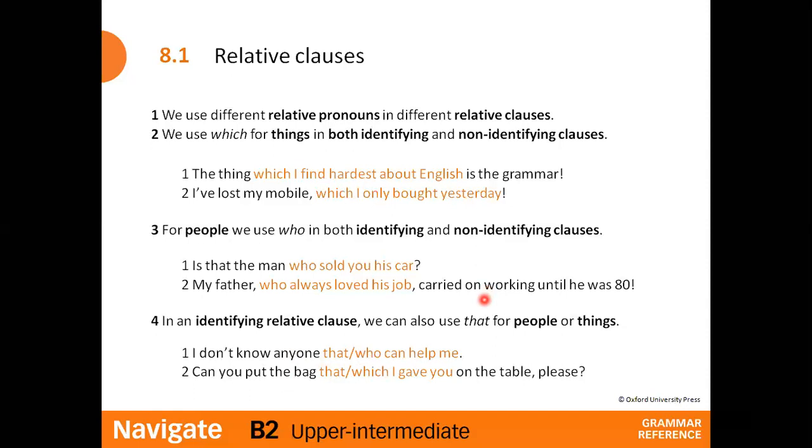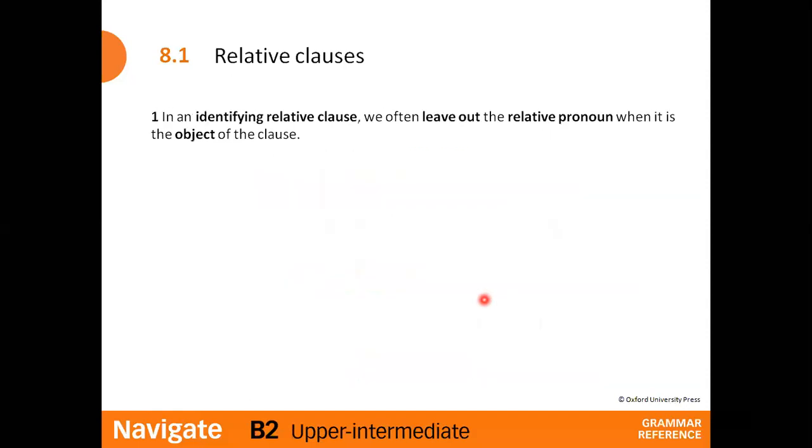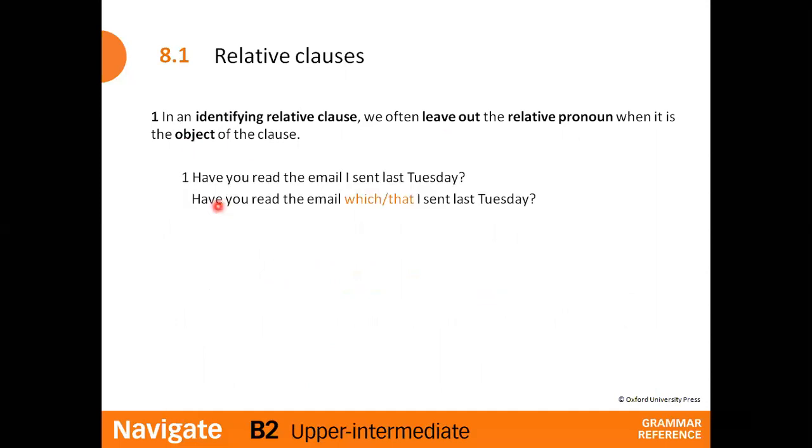Okay, let's jump to the next slide. In an identifying relative clause, we often leave out a relative pronoun when it is the object of the clause. For example, have you read the email I sent last Tuesday? Here, can you see a relative pronoun? No. Now, have you read the email which or that I sent last Tuesday?